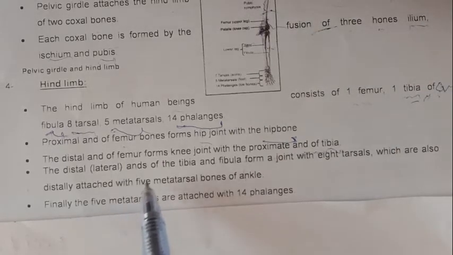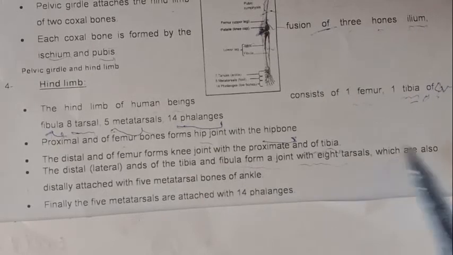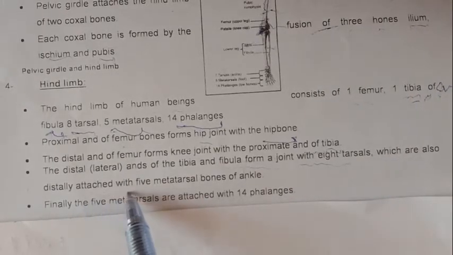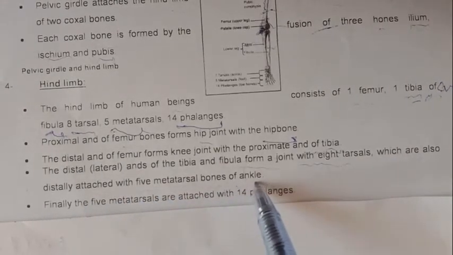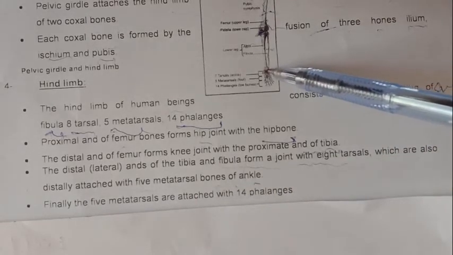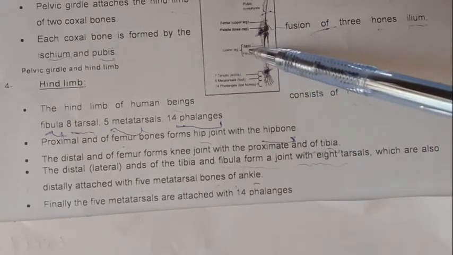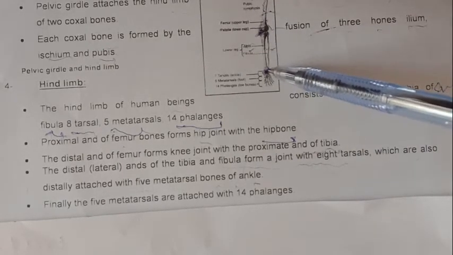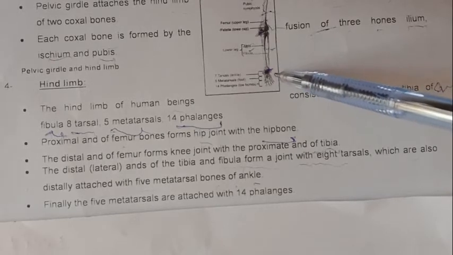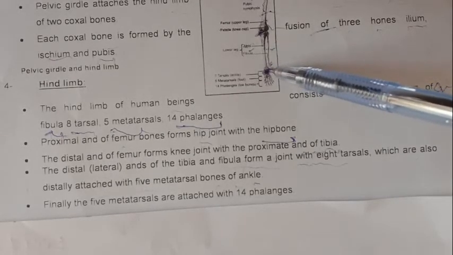The distal ends of tibia and fibula form joints with 8 tarsals, which are also distally attached with 5 metatarsal bones. So here, this is the ankle joint, and both the tibia and fibula form a joint with the 8 tarsal bones.